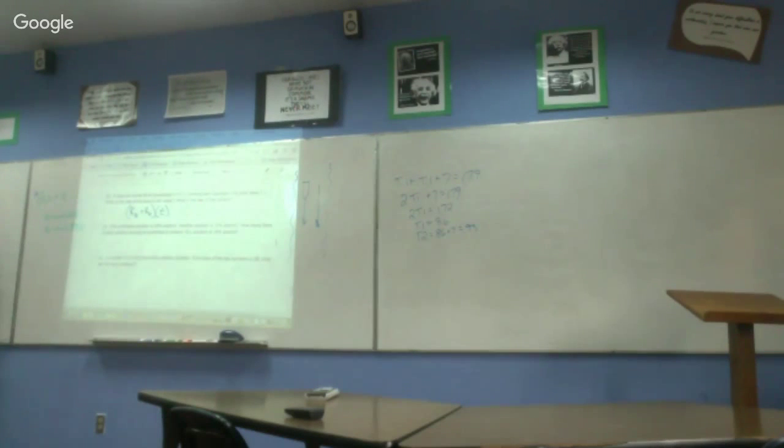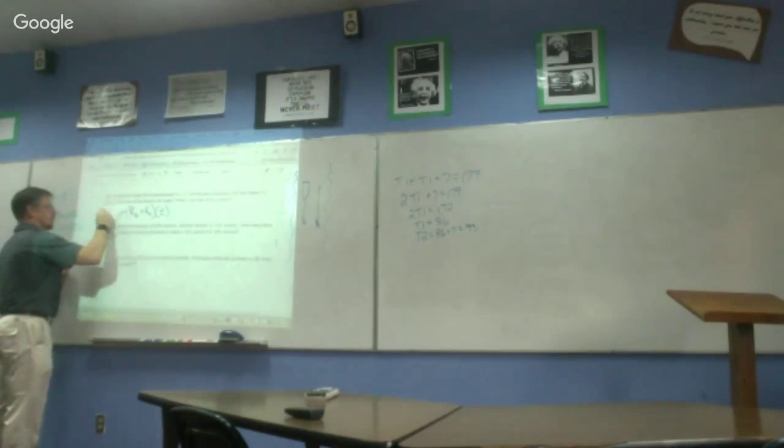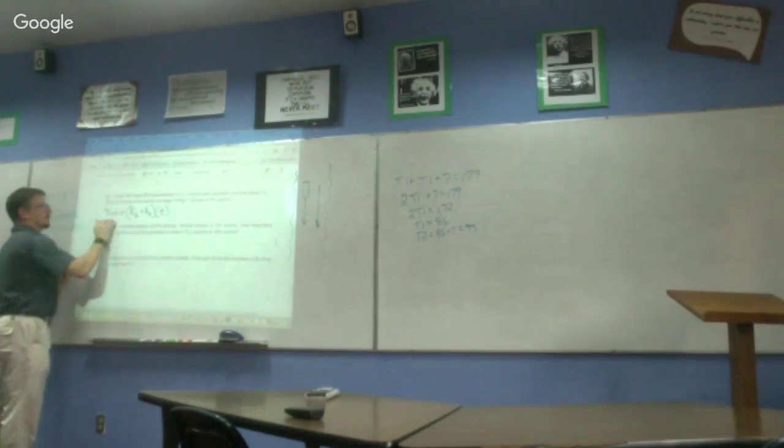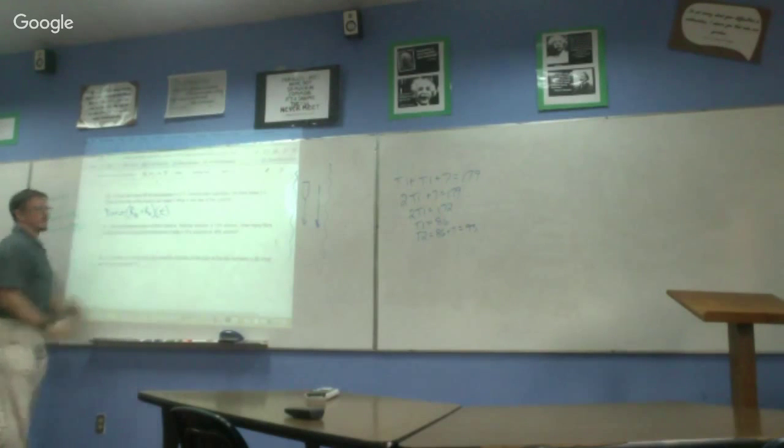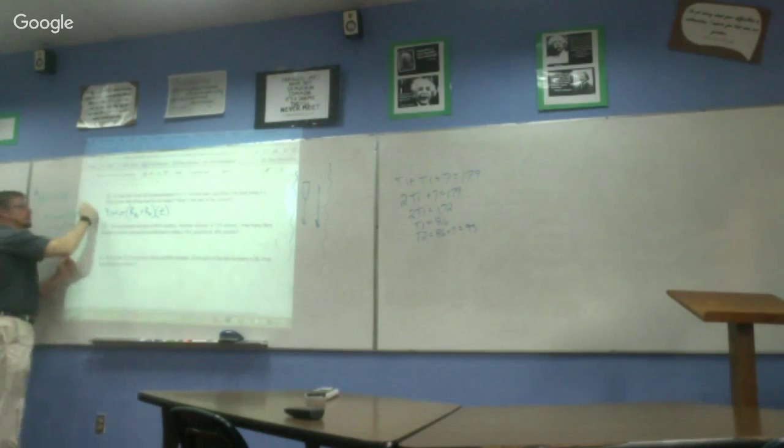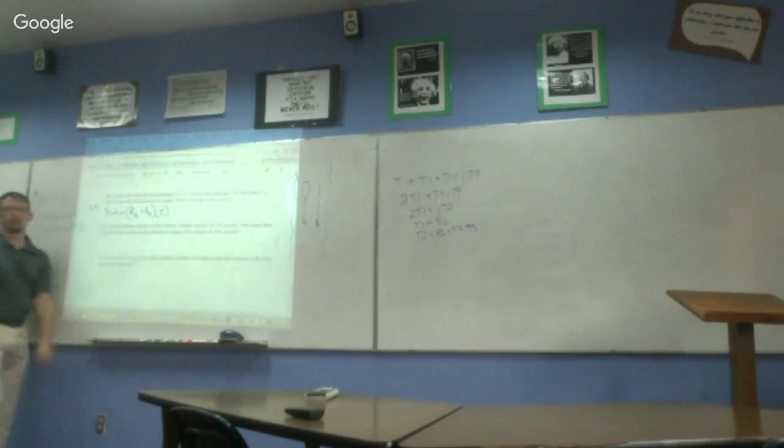So the full rate is the rate of the boat plus the rate of the current, times the time. And that's equal to the distance. Distance is equal to rate times time. This is downstream. Well, what about upstream?